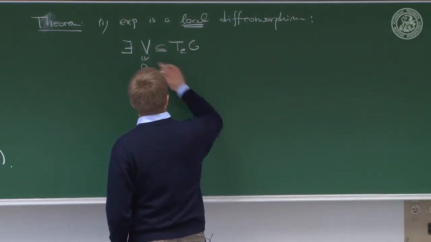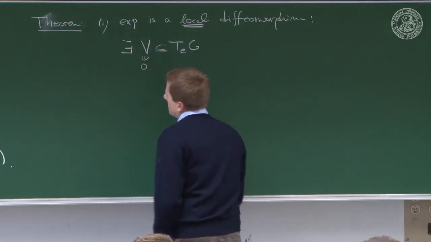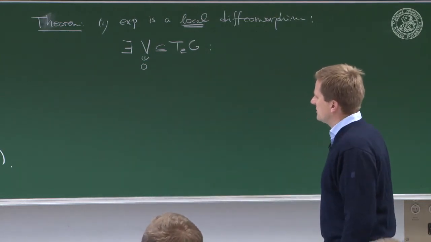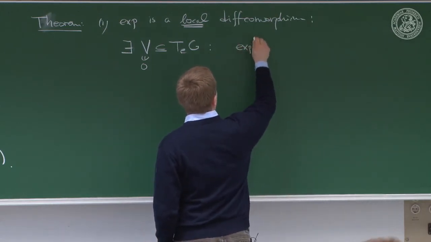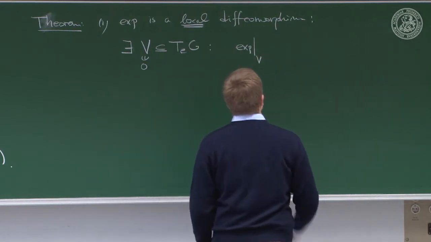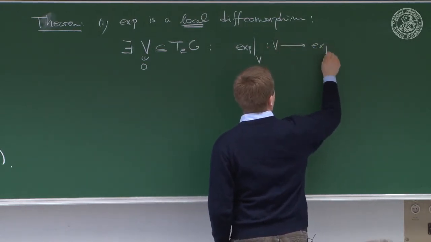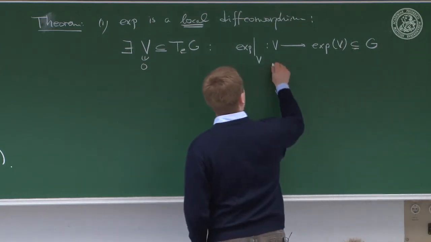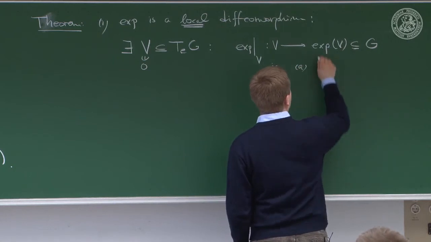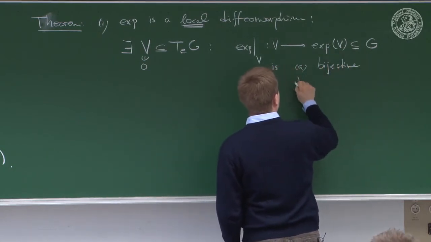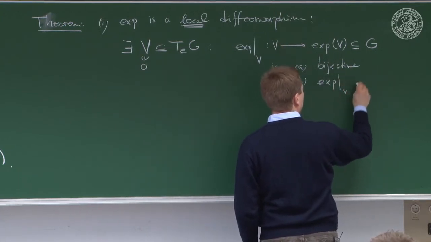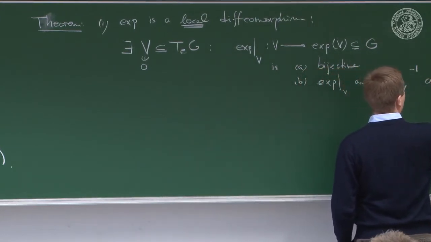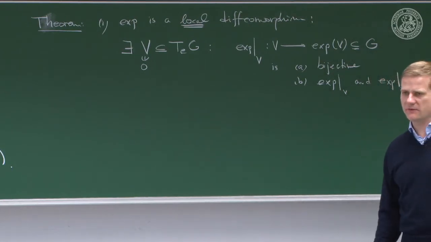It's just a subset, a neighborhood of the 0 vector there, such that if you consider the restriction of the exponential map to this subset, therefore mapping from V to exp of V, which is then a subset of the group, is A, bijective, and B, exp restricted to V and exp restricted to V inverse are both smooth. So that's a local diffeomorphism.